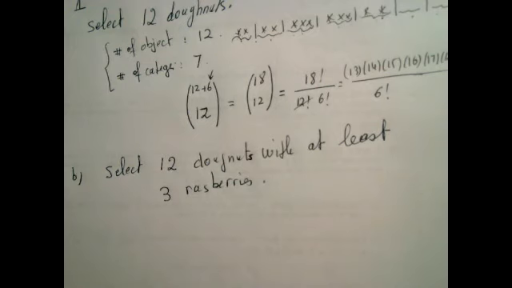How can I make sure I get at least 3 raspberry? Tim, Simon, Rachel, Peter, Nick, anyone? Imagine yourself going to the store and you want to pick 12 donuts and make sure that it's 3 raspberry. What would you do?